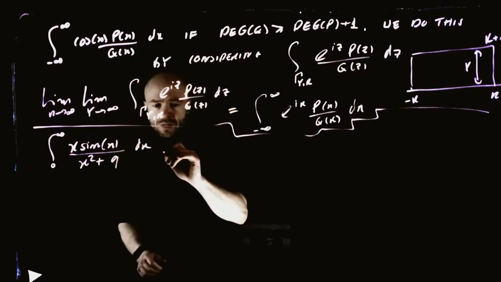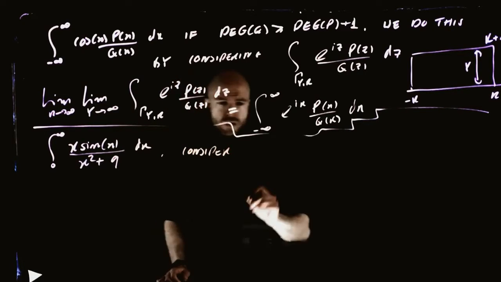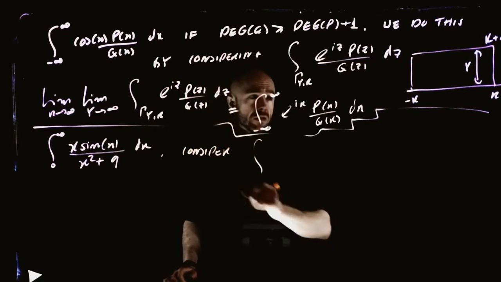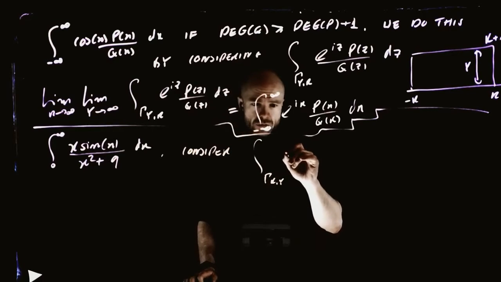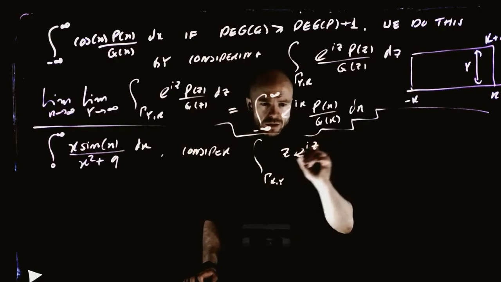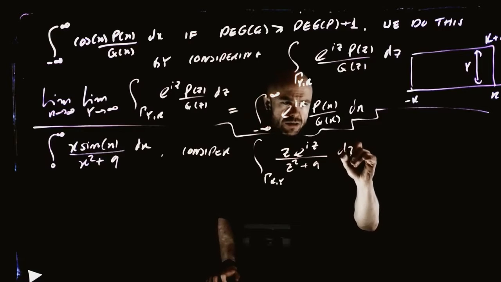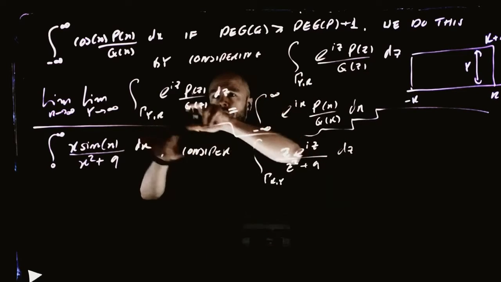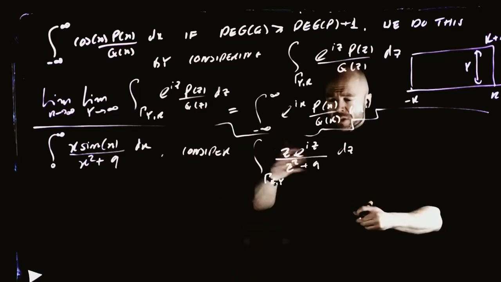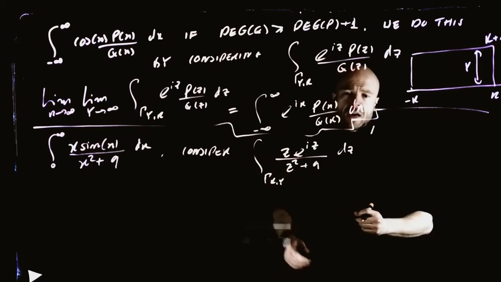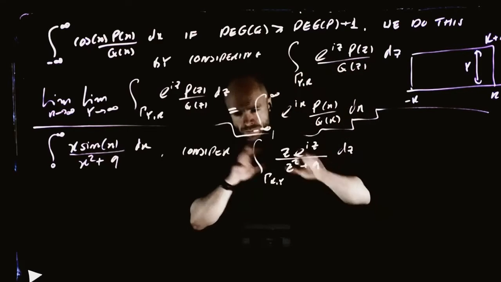So we will consider the integral over this kind of a contour, gamma y of z e to the iz over z squared plus 9 dz. So I'm not going to go over again the fact that these parts will vanish as we let these limits go to infinity, first y and then r. So we're just going to take that as given, and we're going to calculate this guy.